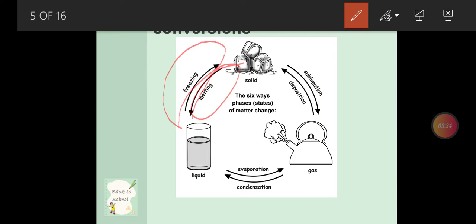Then if we talk about further conversion, we have already discussed in the previous lesson evaporation, when liquid is converting into gas form, and when in opposite gas is converting back to liquid, it is condensation. So evaporation and condensation are exactly opposite to one another.